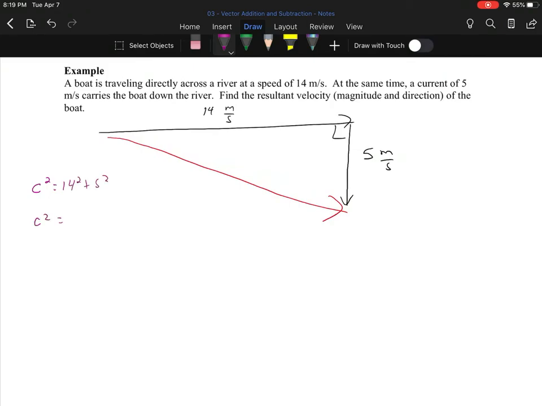So if I want the length here, I'll go c squared equals 14 squared plus 5 squared. C squared equals, get my calculator out here. I get c squared equals 221. And I'll have to square root that to get its length.